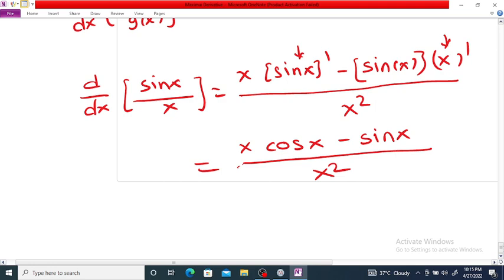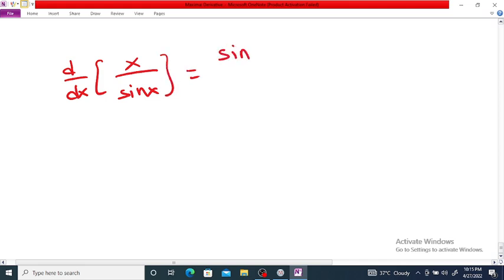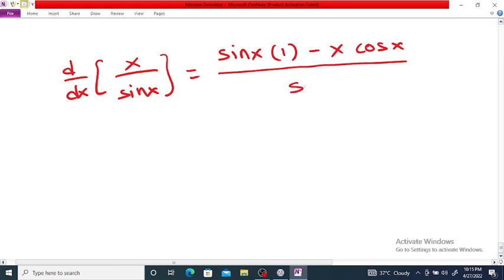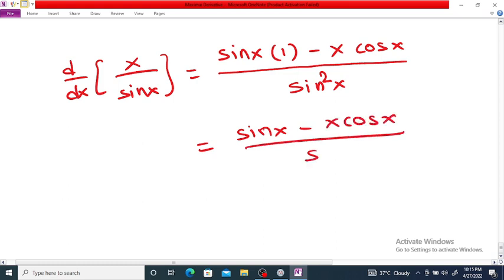Now if we calculate d by dx of x divided by sine of x, it is equal to sine x into derivative of x, which is 1, minus x into derivative of sine x, which is cos x, this whole divided by sine square x. So this is equal to sine x minus x cos x divided by sine square x.